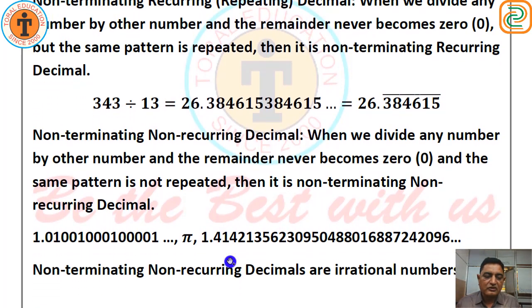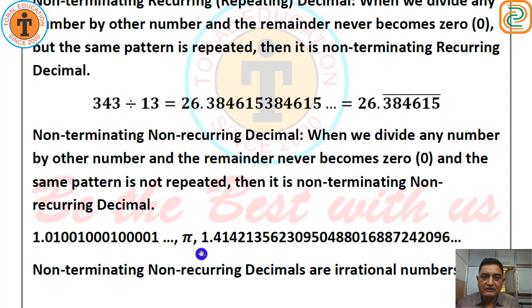Here look, this one: 1.01, 001, 0001, 00001. In this way, one zero increases after every one. One zero increases, so the pattern does not repeat.